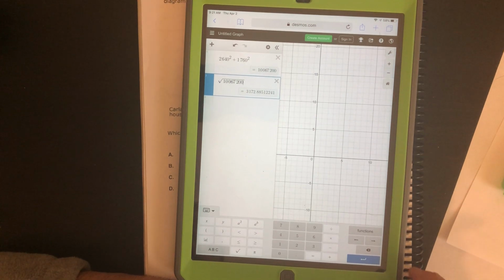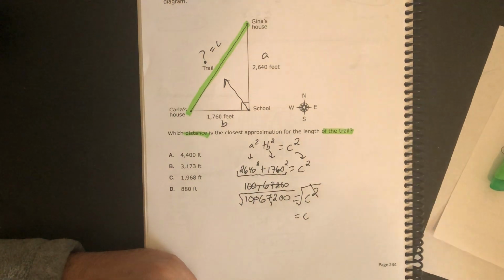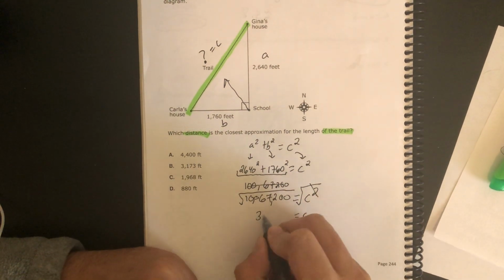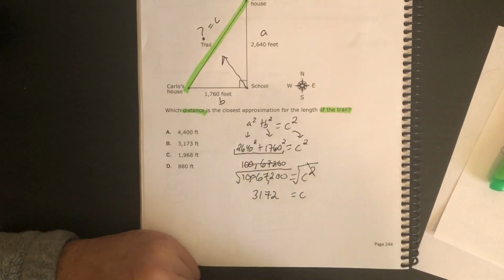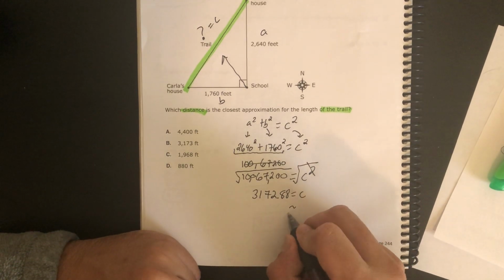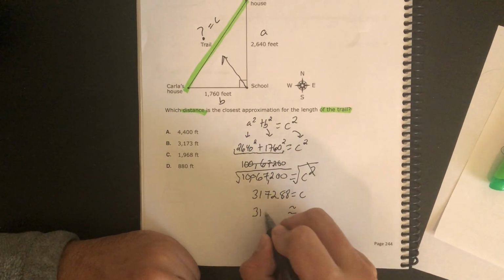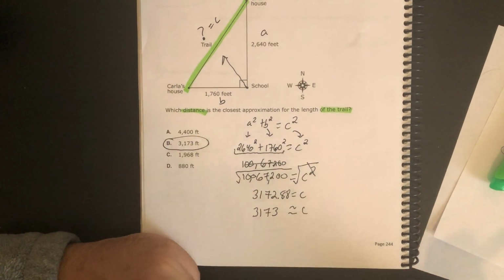Okay, and we get 3172.88. And clearly that just rounds to 3173, which is answer choice B.